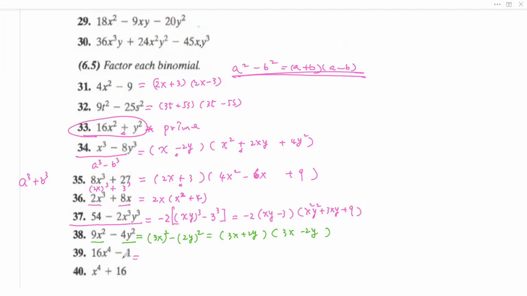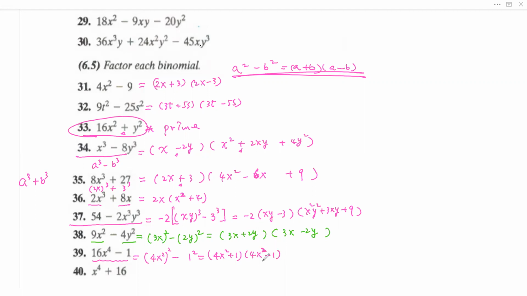39. So here is a big number, right? So here we can write 2x. First, before we write 2x, we can write like this: 4x squared minus 1 squared, right? So this one can be divided into what? 4x squared plus 1, 4x squared minus 1, right?